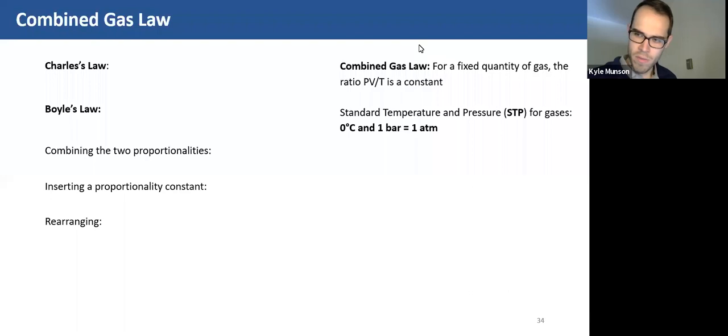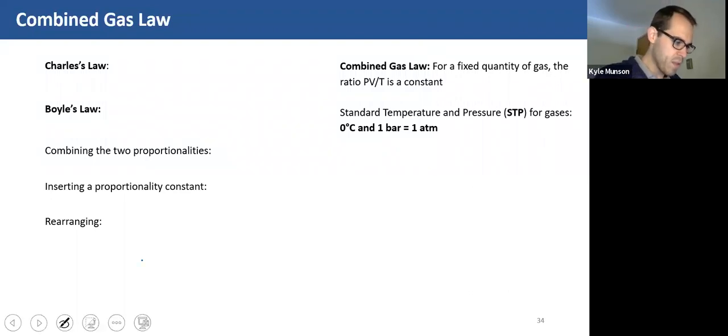Okay, so here we go. We've had Charles' law and Boyle's law. For Charles' law, if you remember, it said that volume is proportional to temperature. And then Boyle's law said volume is proportional to 1 over the pressure.